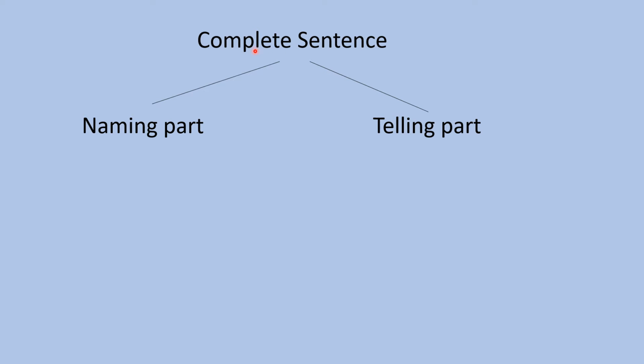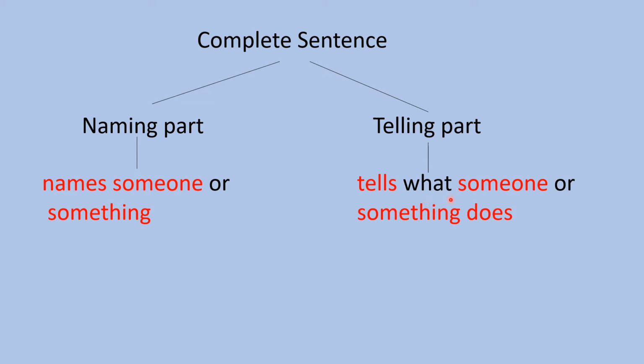A complete sentence will always have a naming part and a telling part. Now, what is the naming part? A naming part has names of someone or something, and a telling part tells what someone or something does.